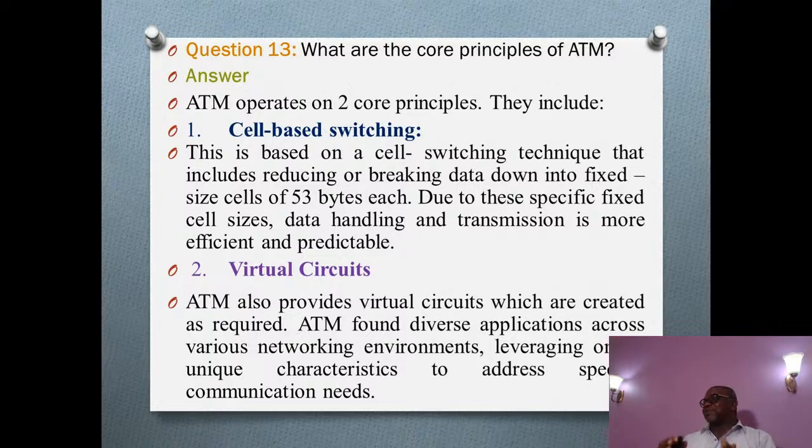So if you now have 53 bytes, it means that you are having 53 groups of 8 bits each. Due to these specific fixed cell sizes, data handling and transmission is more efficient and predictable. Two is the virtual circuit. ATM also provides virtual circuits which are created as required. ATM found diverse applications across various networking environments, leveraging on its unique characteristics to address specific communication needs.